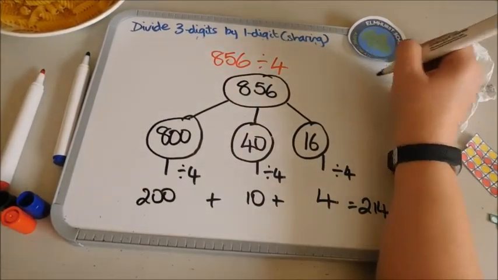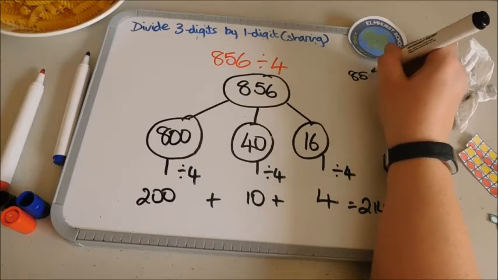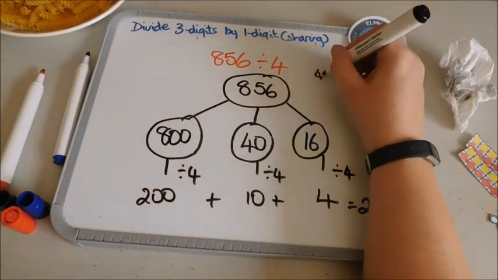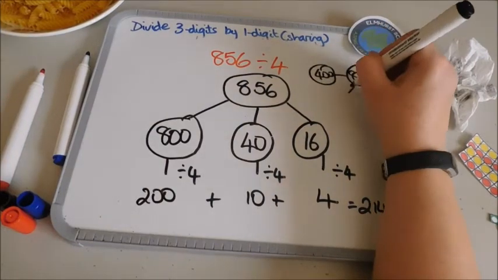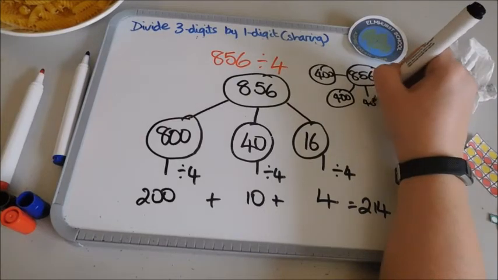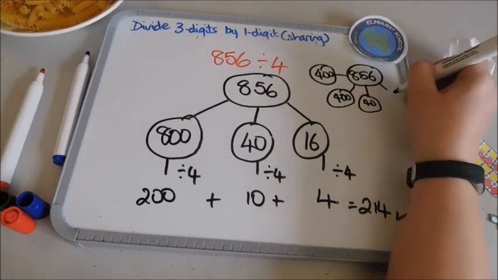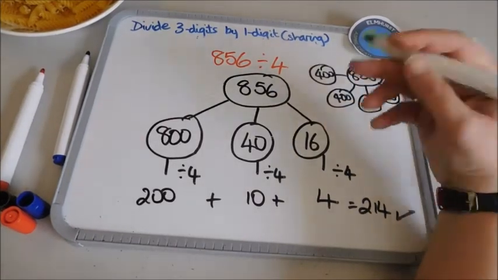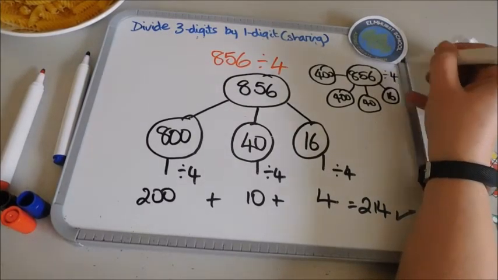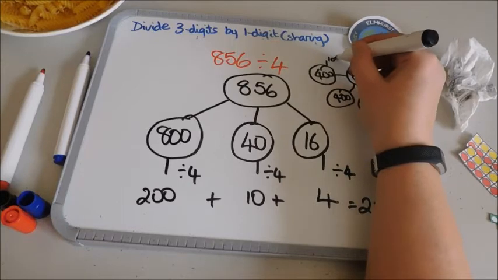I could take that 856 and I could partition it into 400, 400, 40. Now I know I've got 16 left, so I can leave it as 16, or I could do 8 and 8. And then again, if I divide by 4, I know that that's now going to be 100.